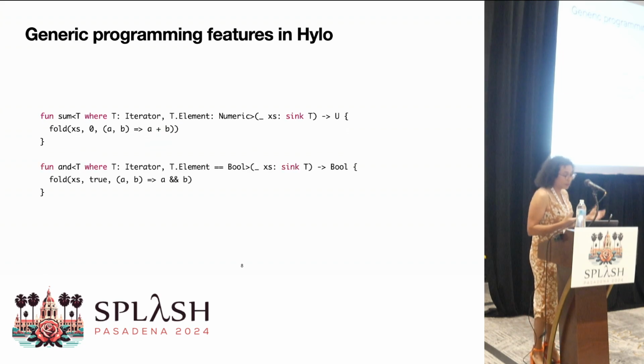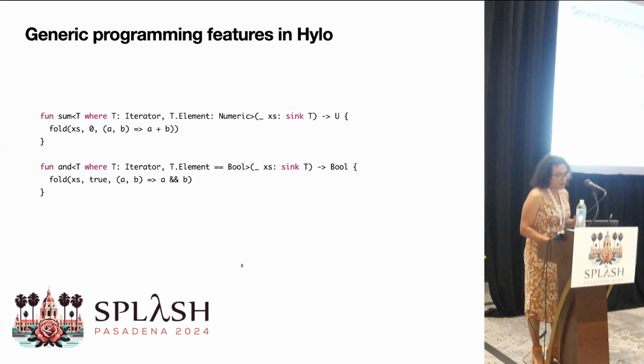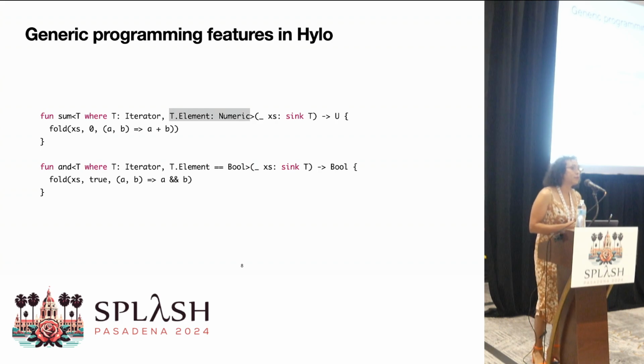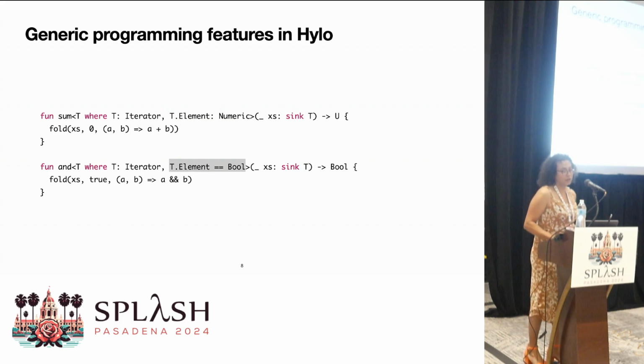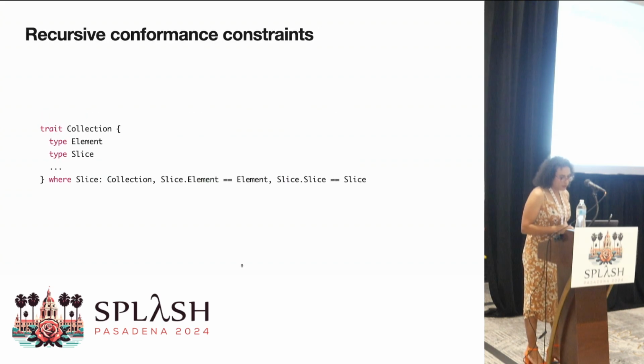And similarly, I can write another generic function here that requires that the associated type of the iterator be exactly Boolean. So these two examples show the two kinds of constraint that we can play with in Hylo. We have conformance constraint that requires a type to conform to a particular trait, and we have equality constraint that constrains a type to be equal to another type.